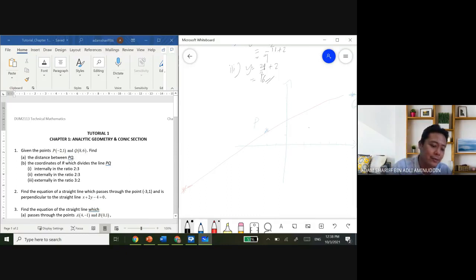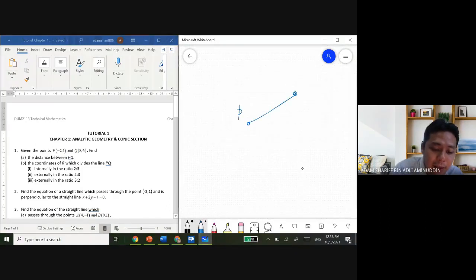Tak ratio. Tapi kalau kita nak tengok R divide externally, kalau M 2, 3 tu jauh sangat lah. Okay, saya cuba perkecilkan. Okay, this is PQ just now.